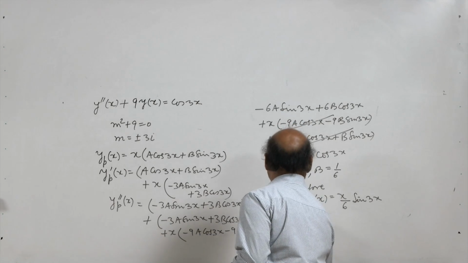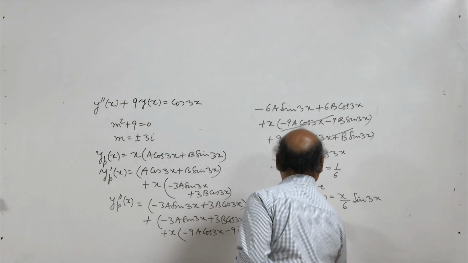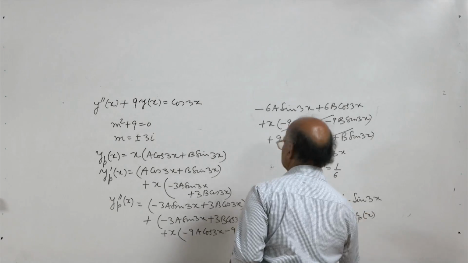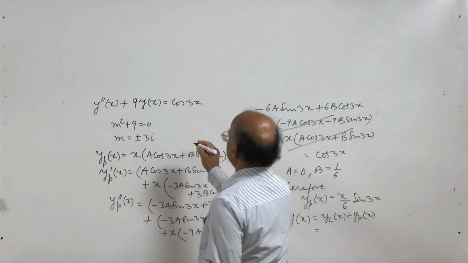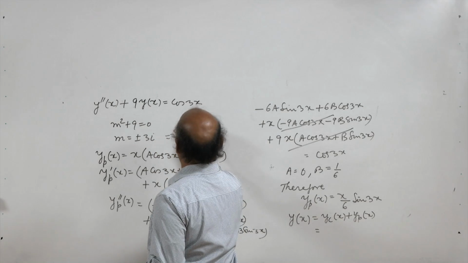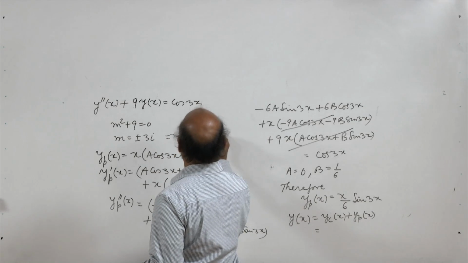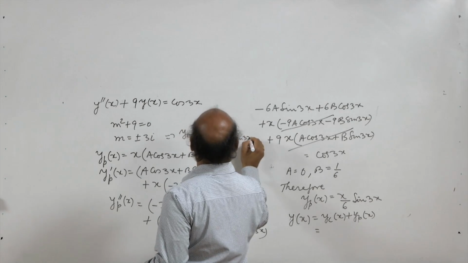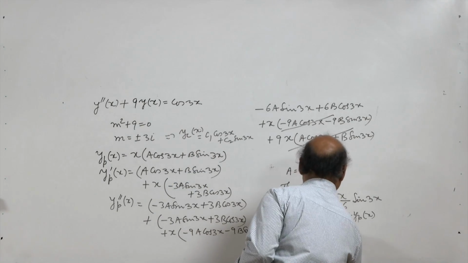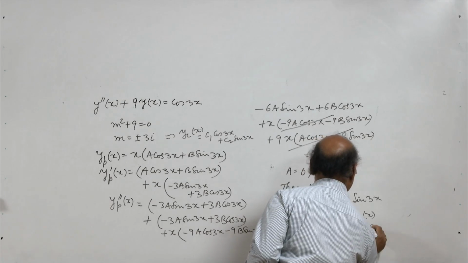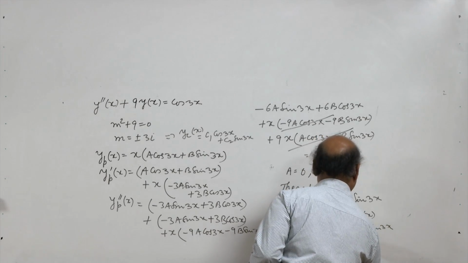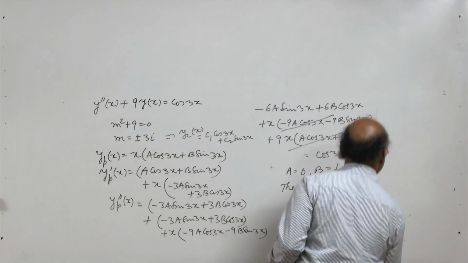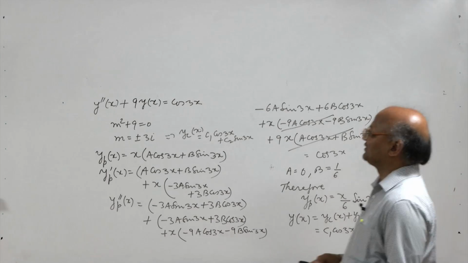And thus the general solution y(x) is equal to yc(x) plus yp(x), where yc(x) here is some constant c1 cos 3x plus c2 sin 3x. So this will be c1 cos 3x plus c2 sin 3x plus x by 6 sin 3x. So this is how we shall solve this equation.